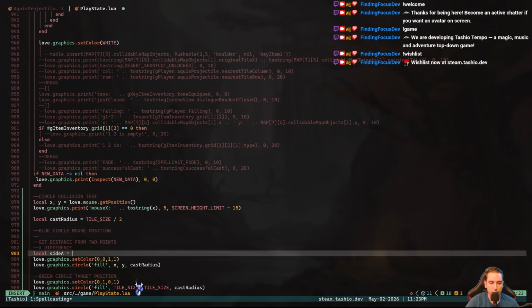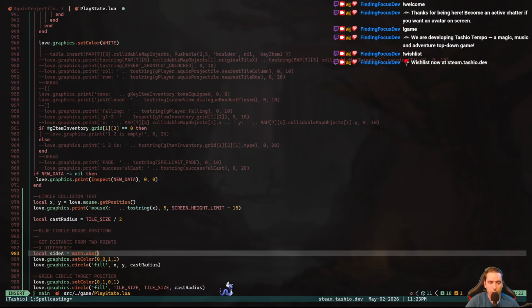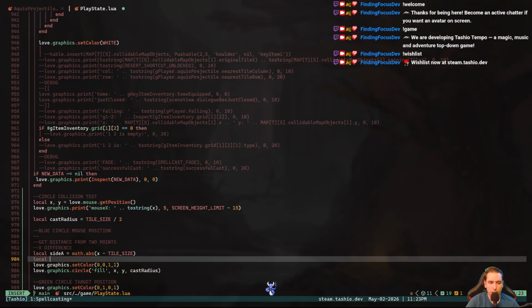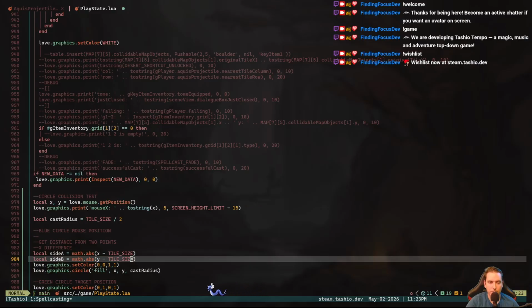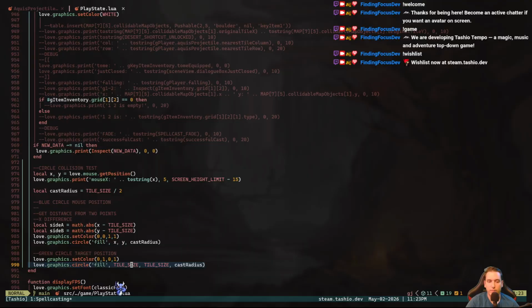Side A is going to get the difference with the absolute value of x minus tile size. Then side B is going to be the difference in y position. So we take our y minus the tile size, and we minus a tile size in both of these because tile size is the size of the circle.